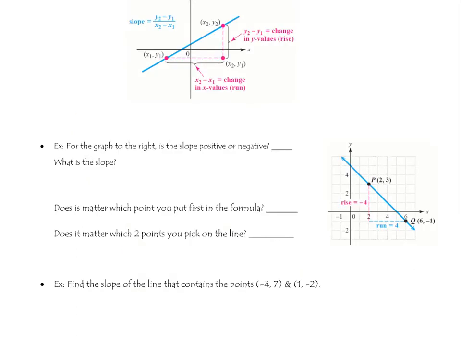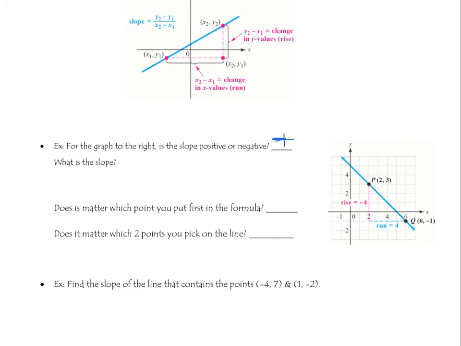So on the graph down here, what is the slope? Is it positive or negative? The answer is that since the line runs downhill from left to right, the slope is negative. And what is the slope? Well, since we're given a graph, let's do it both ways. First, just looking at the graph, we start at point P and we say the rise is 1, 2, 3, 4.